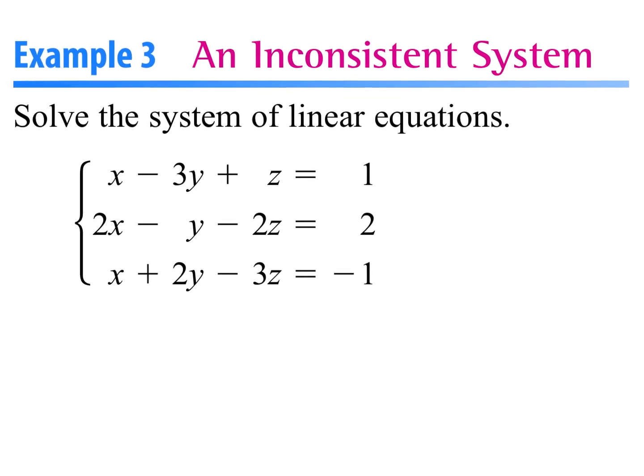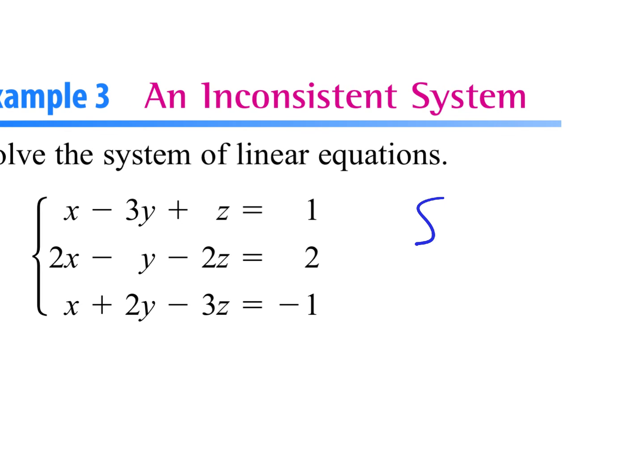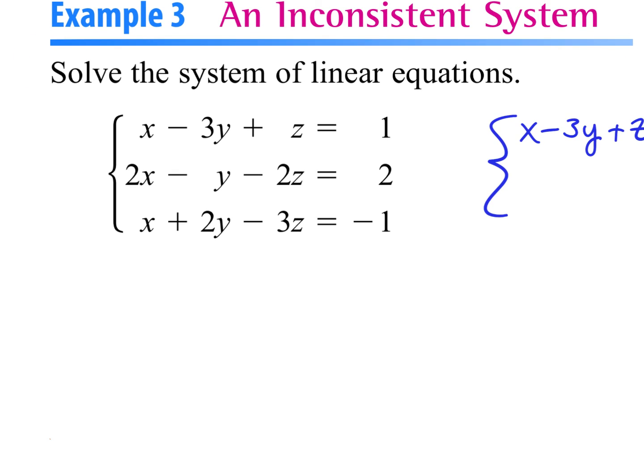First of all, if you notice, 2 of these have a positive 1x coefficient, correct? If for some reason you wanted to move the bottom one to the top and the top one to the bottom, that's fine. But I would just leave it. So I'm going to rewrite, okay, my first equation is x minus 3y plus z equals 1. So now I'm going to take 1 and 2 and eliminate x's.